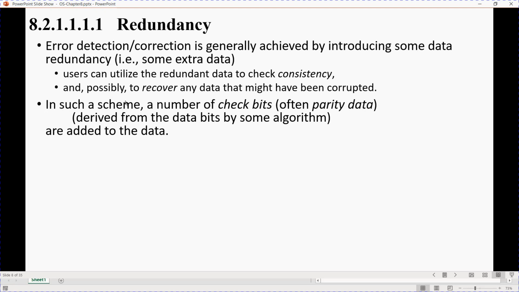Usually these schemes involve introducing check bits, often in the form of parity check bits, but check bits derived from the data by some algorithm.